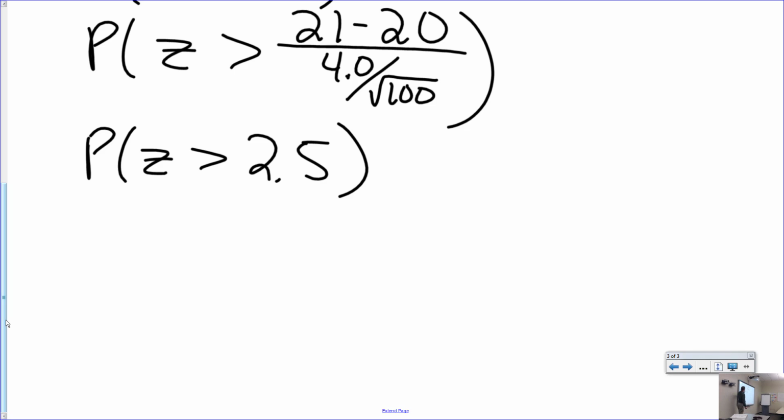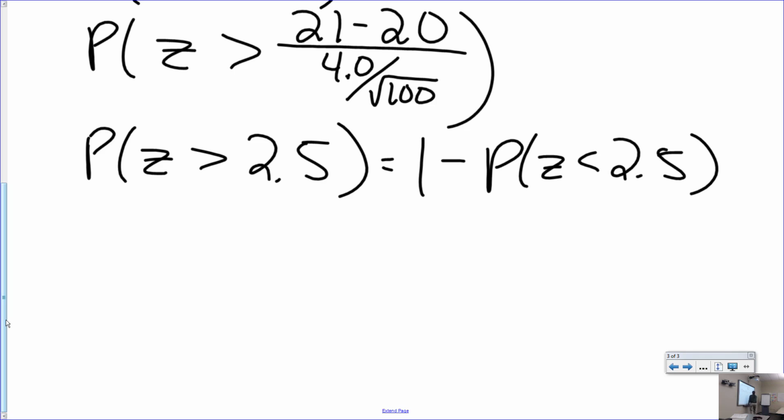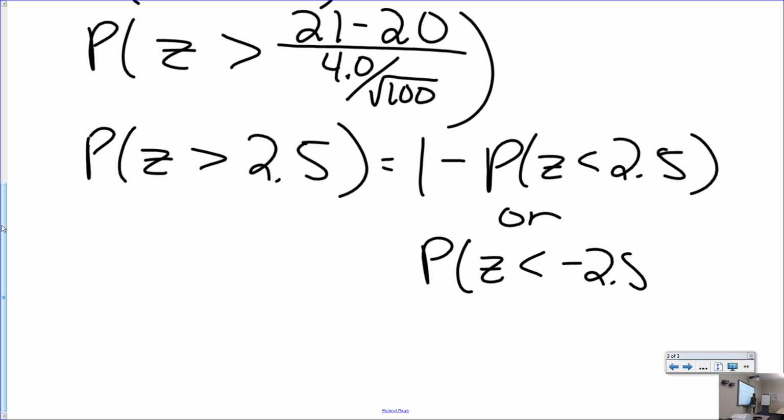And how are we going to calculate z greater than 2.5, folks? Exactly. You can do 1 minus the probability that z is less than 2.5, or the probability that z is less than negative 2.5. Either way.